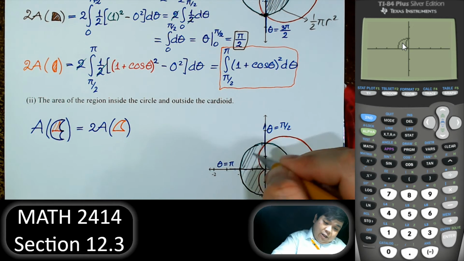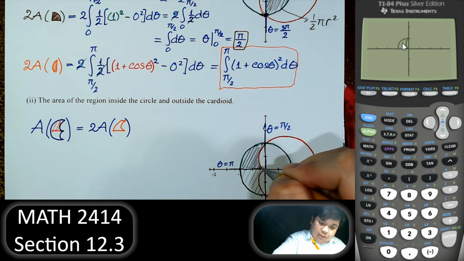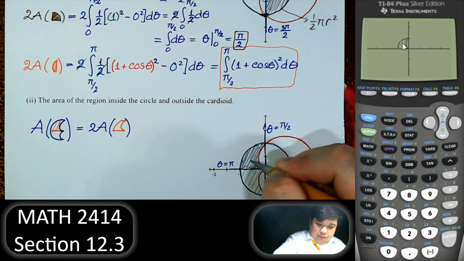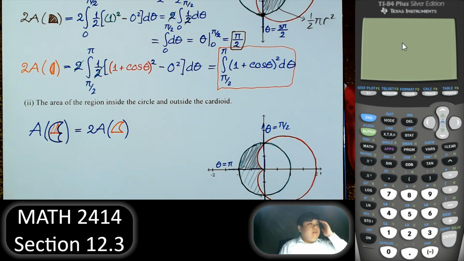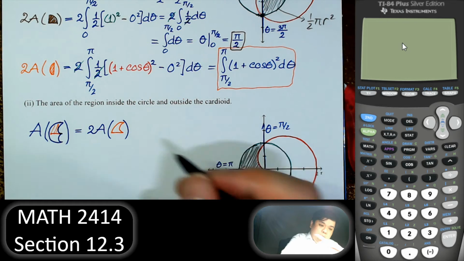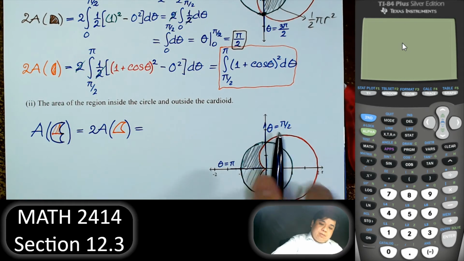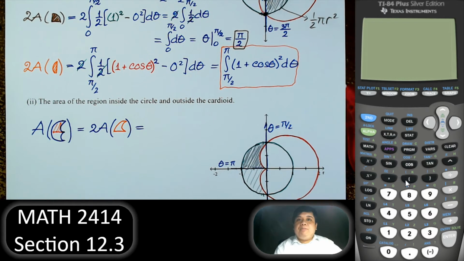Upper half meaning this. Right. So we already find the limit pi over 2 to pi, right? In fact, that's what we graph.